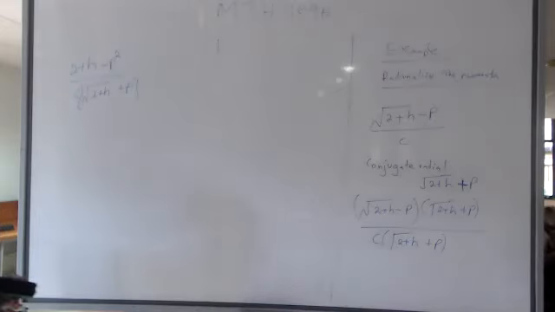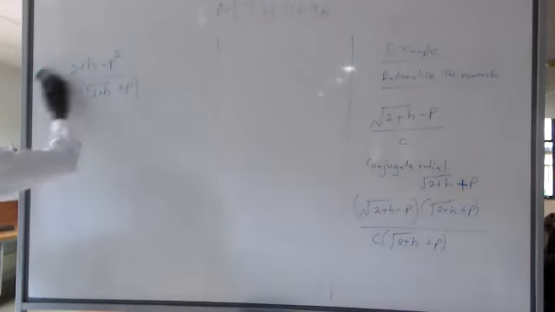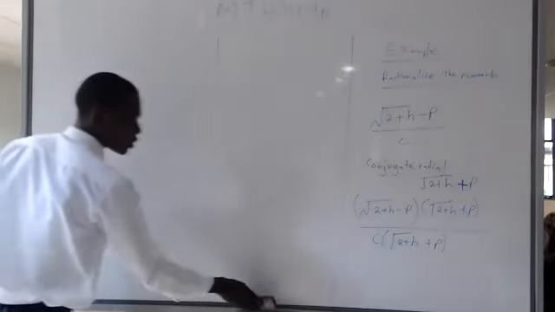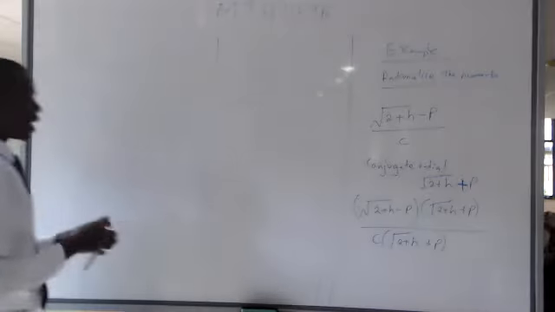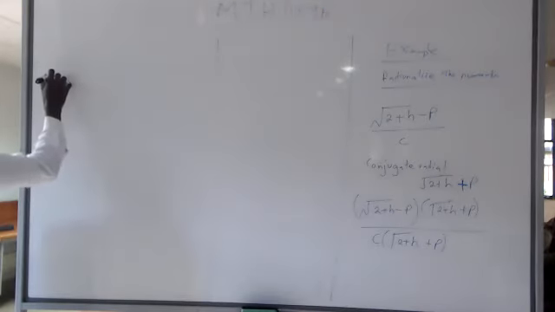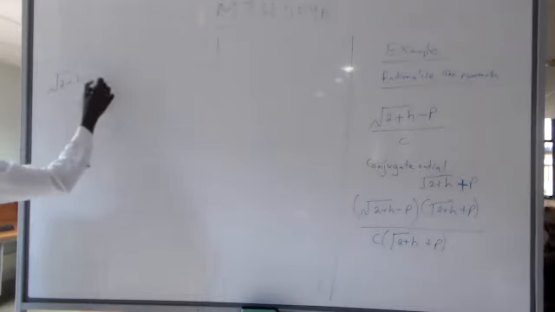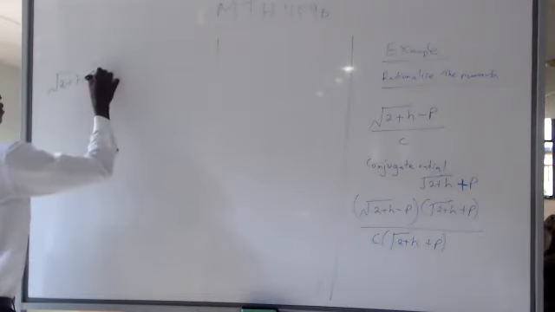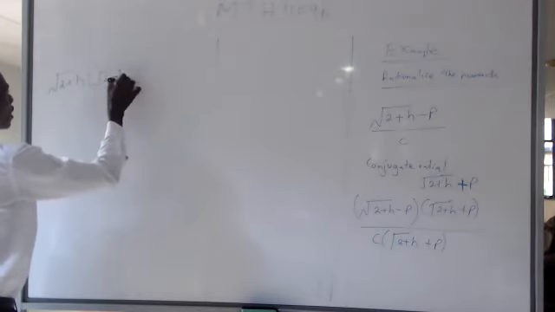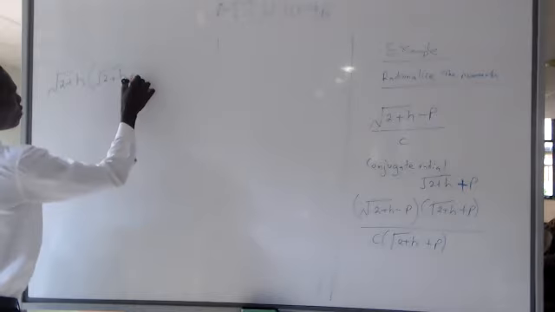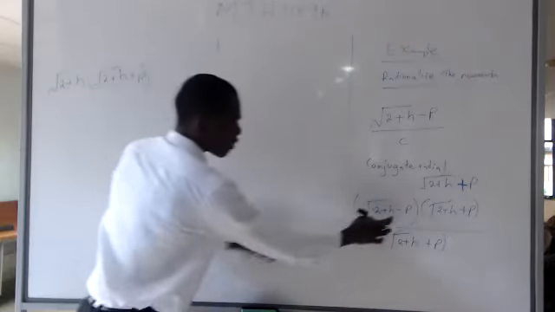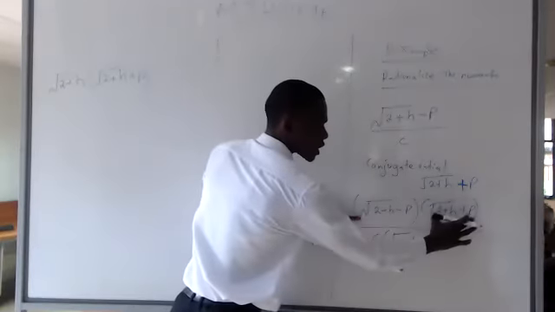I use a difference of squares. So let me do it step by step, then I show you the trick so that you don't have to labor all this. So we have the square root of 2 plus h multiplied by the square root of 2 plus h plus p. I've taken the first expression and used it to multiply the second.